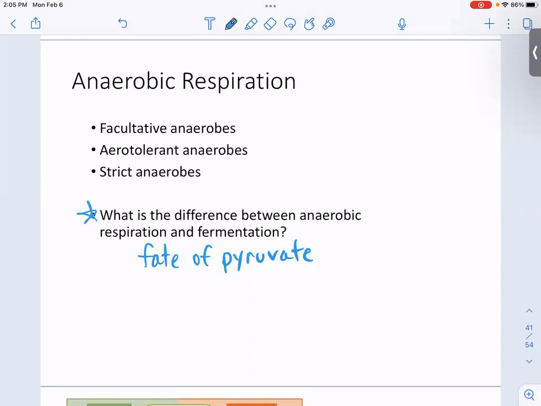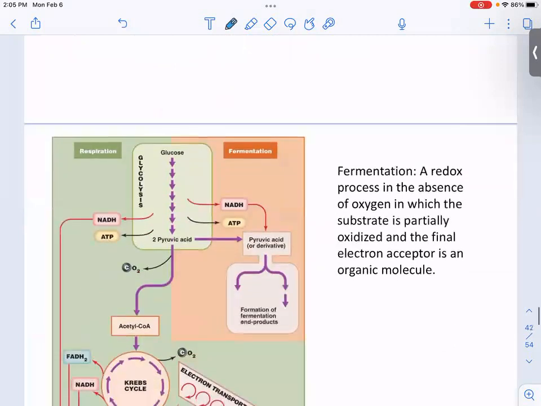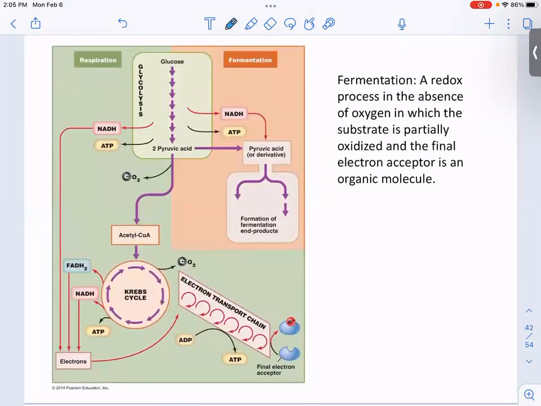Going back to this overview, if there's an electron acceptor available, then those pyruvates will go into the Krebs cycle, eventually into the electron transport chain. If there is no suitable electron acceptor, then pyruvates have no choice but to enter into some fermentative pathway.